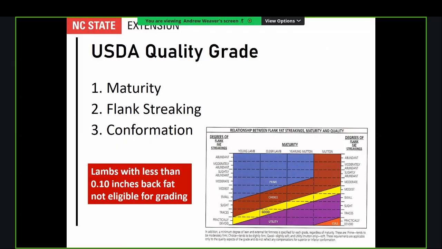Well, if we have excessive evaporative losses, we lose a lot of that moisture. That's going to have a direct impact on the tenderness, juiciness, and flavor of that product that we are then marketing. And so we need to have an adequate amount of back fat, not too much, but an adequate amount, to ensure to the best of our ability that we're going to have a high quality product that's going to have a favorable eating experience by that end consumer.